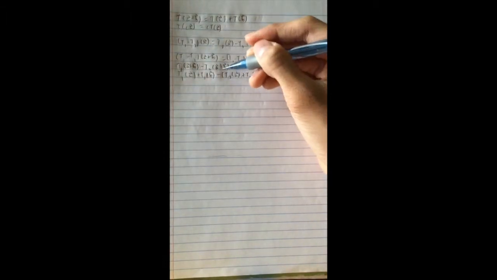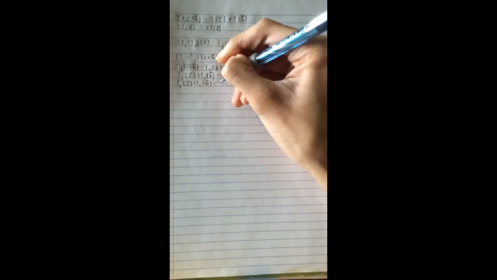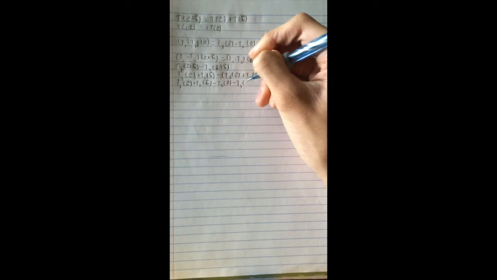So we can rewrite that one as T2 of A plus T2 of B. Distributing the negative here, we get T1 of A plus T1 of B minus T2 of A minus T2 of B.